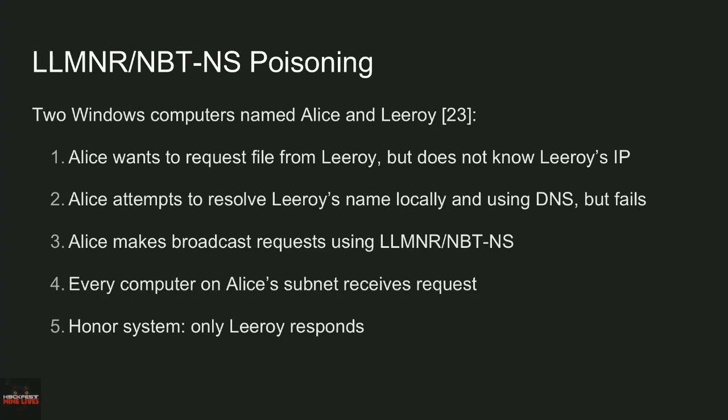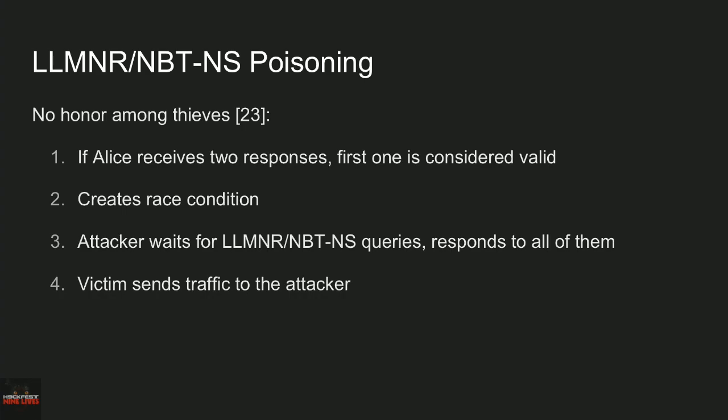This broadcast request basically says, hey, are you Leroy? If you are, please send me a response with your IP address. Every computer on Alice's subnet is going to receive this, and the idea is that only Leroy will respond.